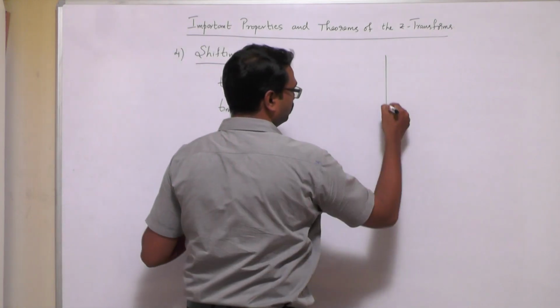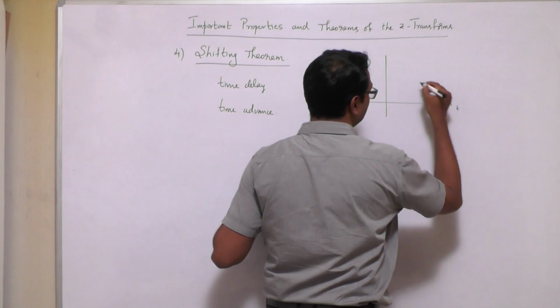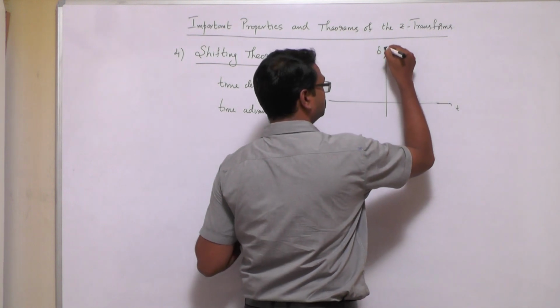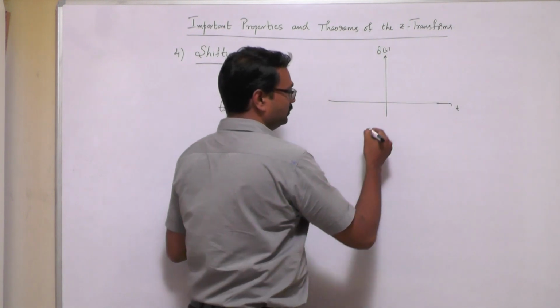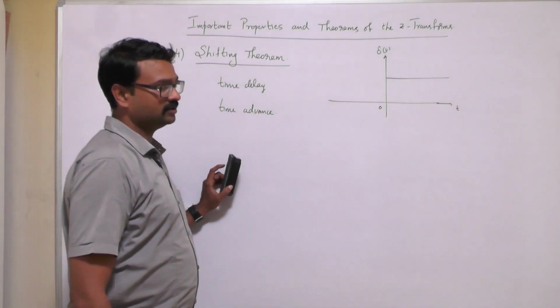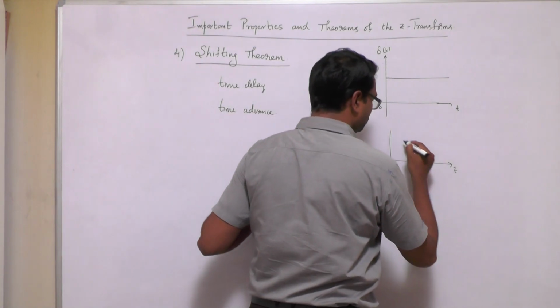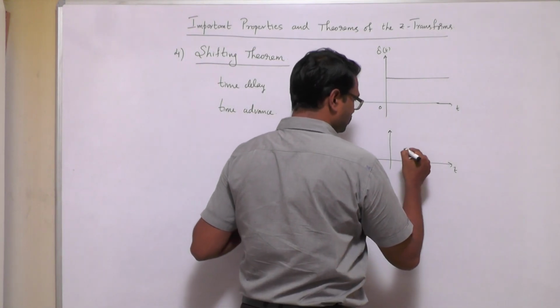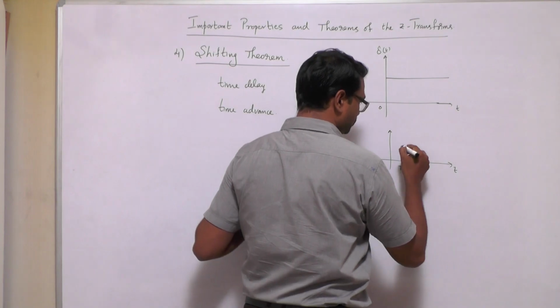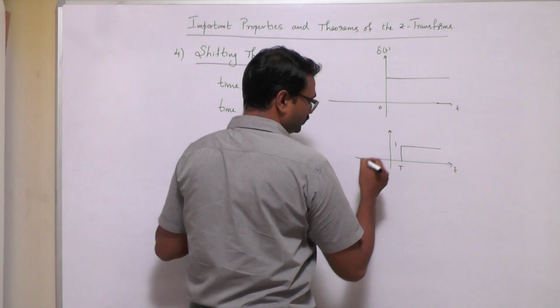Now what do you mean by time delay? You have, for example, a unit step function delta t. The unit step function exists for all time t greater than or equal to 0. Now when I am having this t and the unit step function, what is this function called?